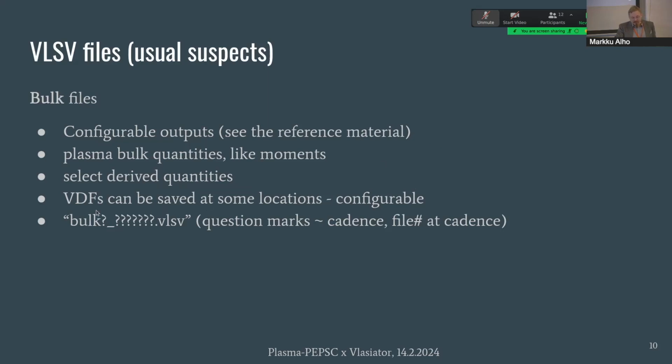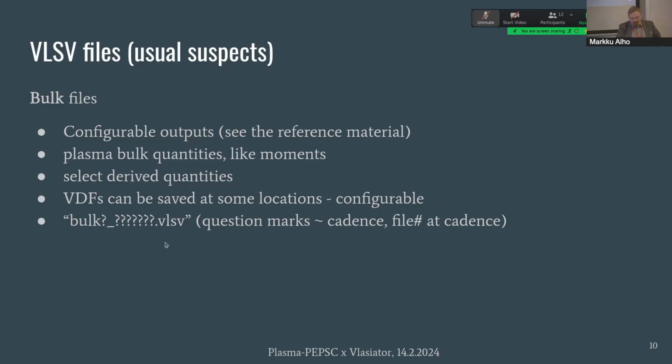And you can save VDFs into these files as well. It's good to only save them at some points, because that will be prohibitively expensive if you want to save them everywhere, but you can configure them with some strides, so you can get a sparse grid, like, okay, we have in this cell, and then let's go a couple of Earth radii that way, and then have another spot there where we are storing the velocity distribution every output interval.